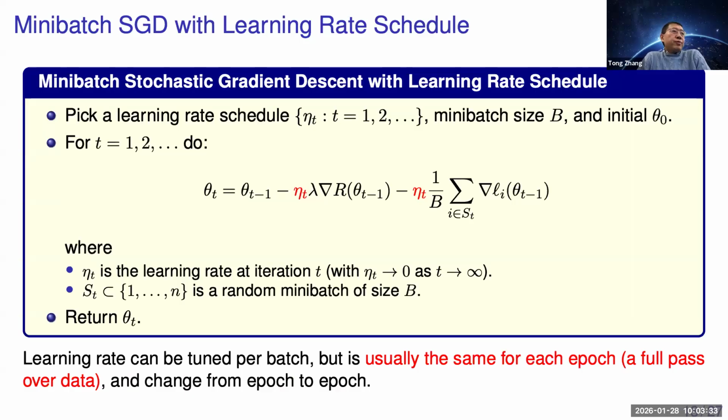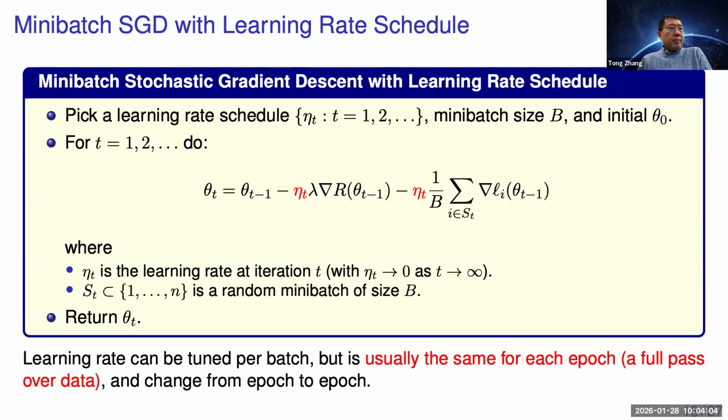How frequently you tune it: the scheduler can tune it based on whatever you specify. It could be each batch, each epoch, or every few batches, but typically you tune it per batch or per epoch. Per epoch is usually okay as long as your data is not too large.